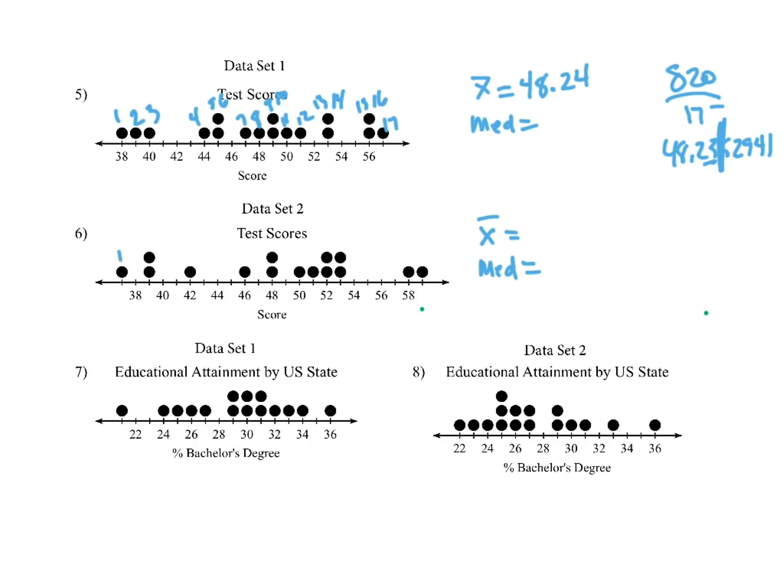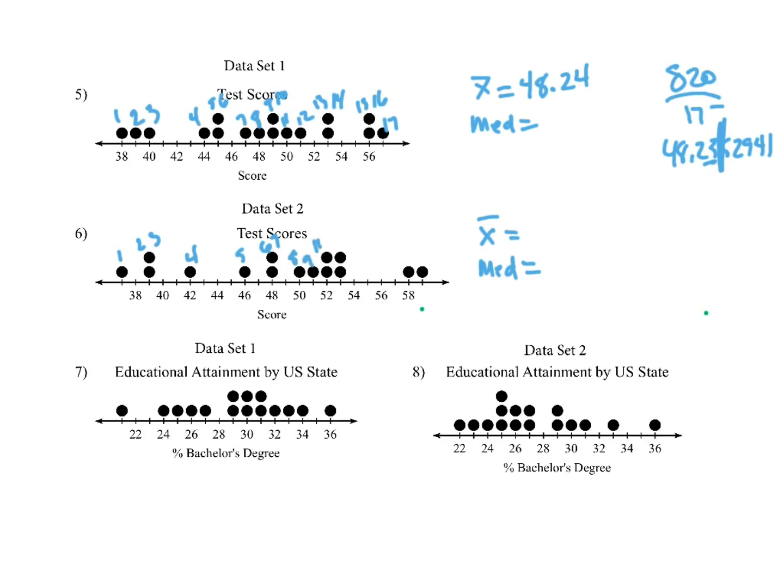So we start out at a 37. And then 2 39s and a 42, 46, 2 48s, a 50, 51, 2 52s, and 2 53s.